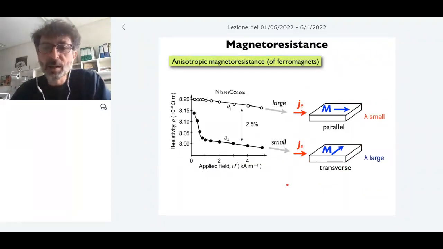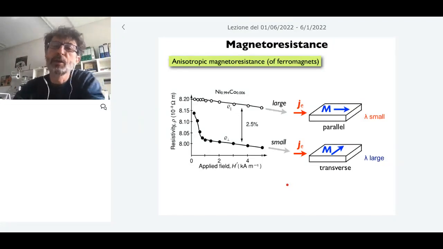In ferromagnets, if you take a ferromagnetic material and you apply a magnetic field and you measure the resistivity, then you find the experimental result of the picture here. So take two different situations.